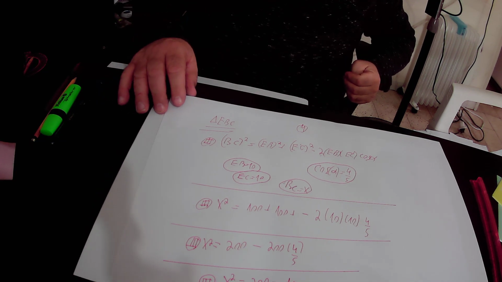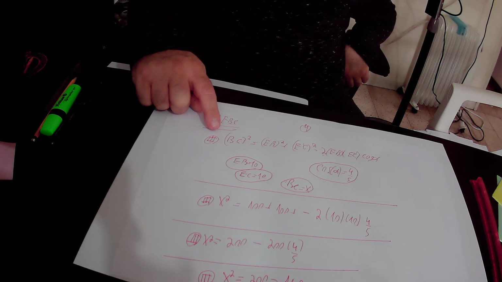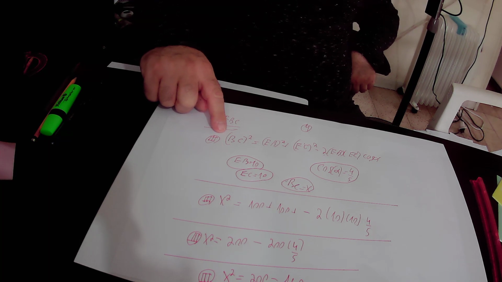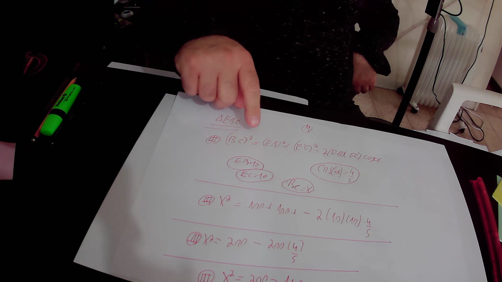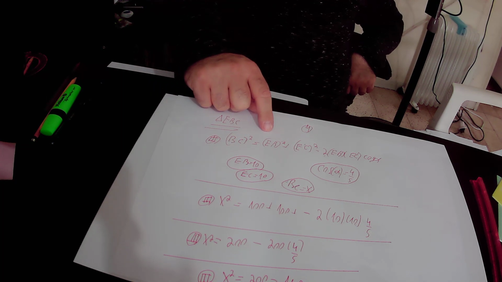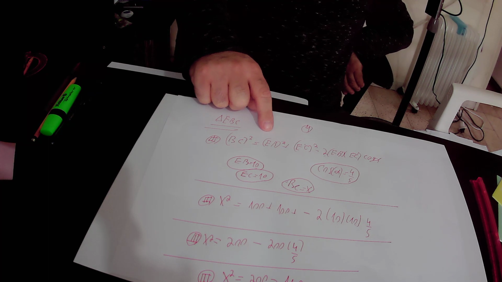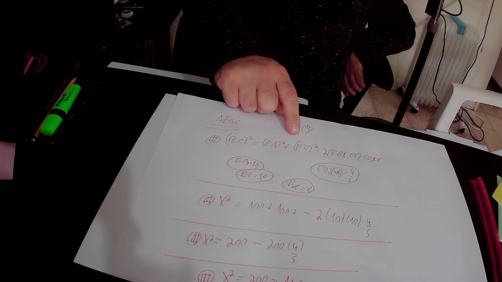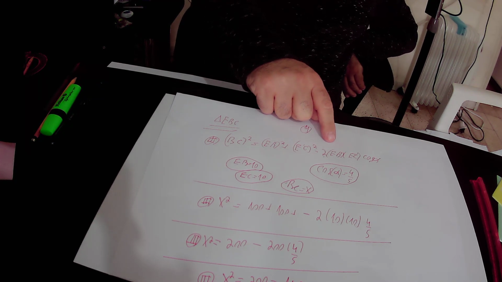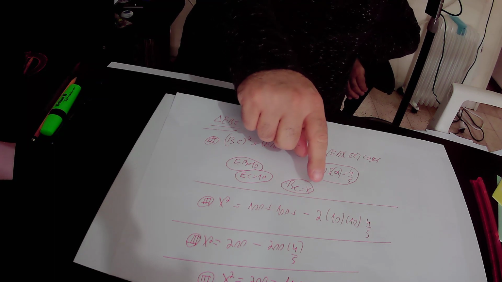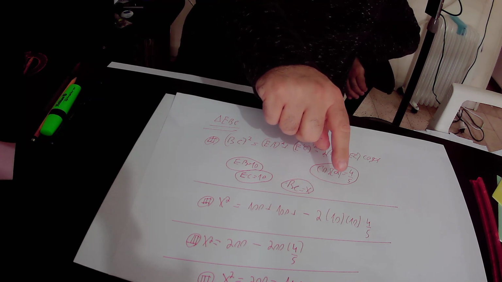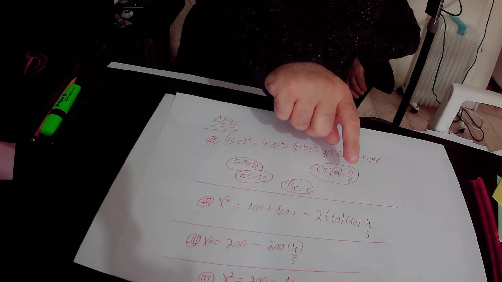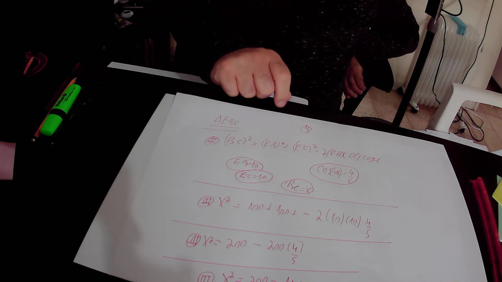So here, in equation number 3, we substituted BC by x. If BC equals x, then BC squared equals x squared, and it is equal to EB squared. EB equals 10, so EB squared is 100, plus EC squared, which is also 100, minus 2 times 10 times 10 times cosine alpha, that is 4 over 5.